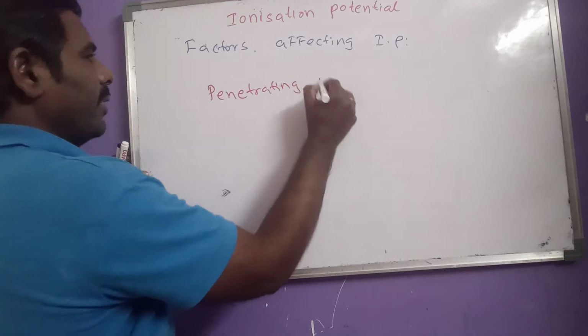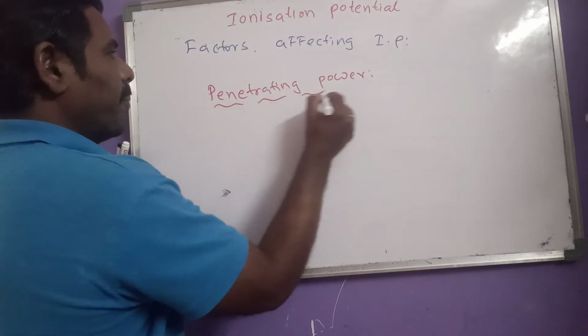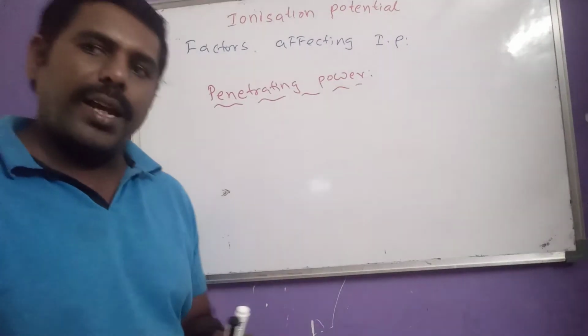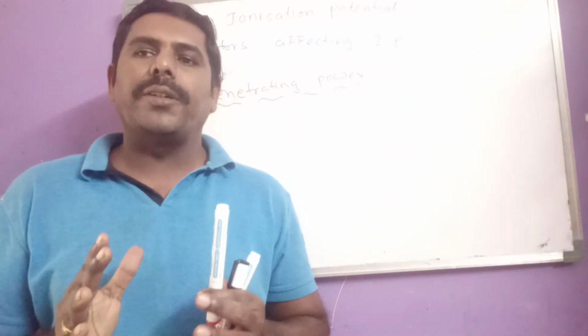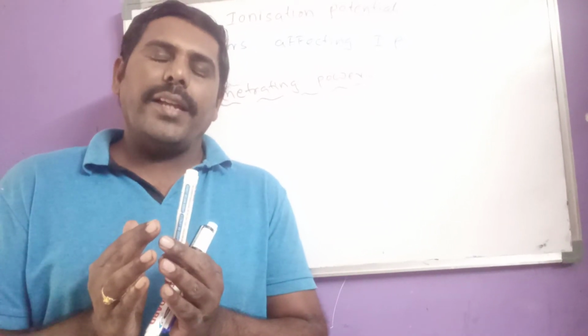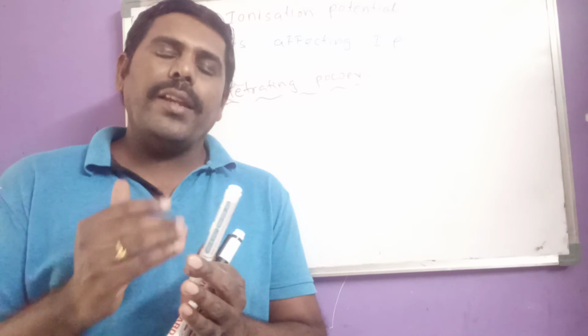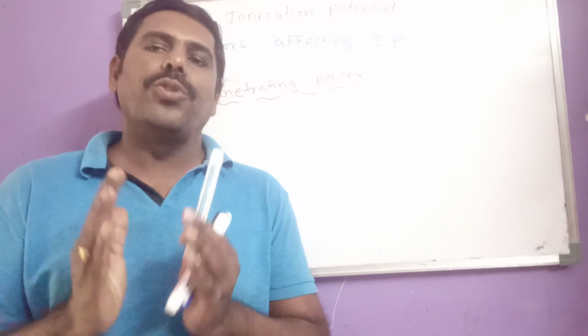Let us see. If you consider the s, p, d, f subshells, the s subshell has a spherical shape, so the electrons present in the s subshell have equal attraction in all directions from the nucleus.